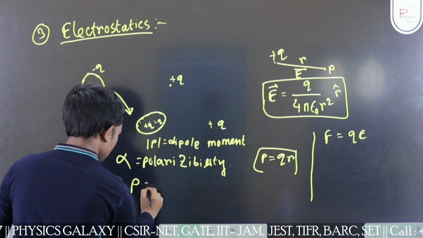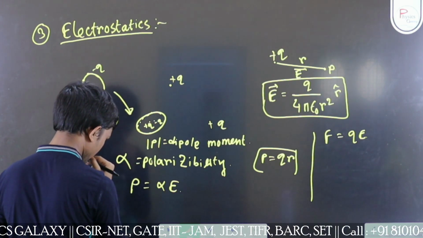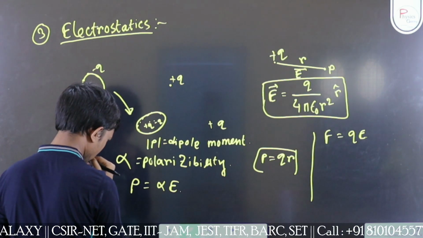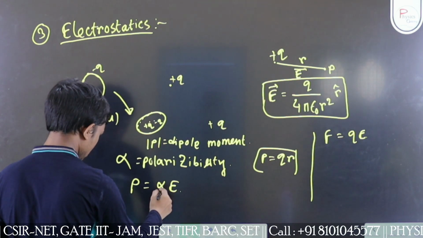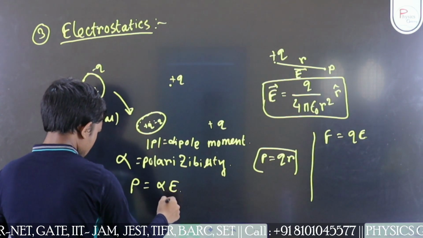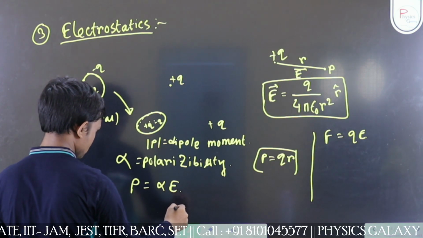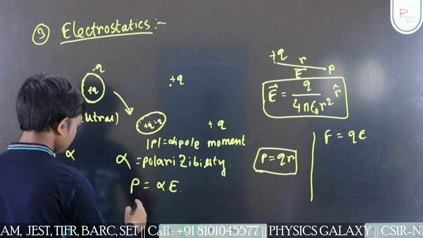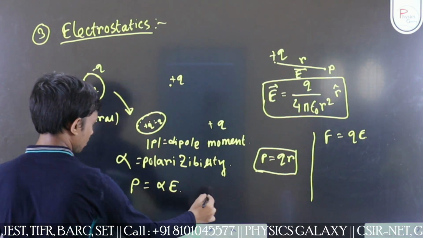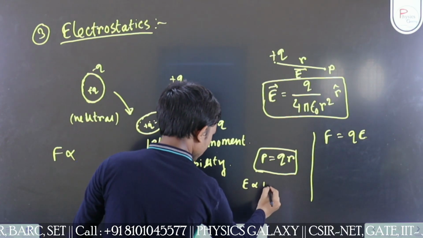P is equal to alpha E. And E varies as 1 by r square.